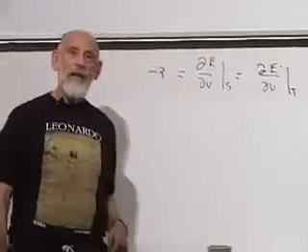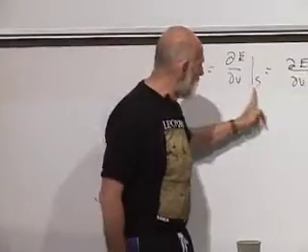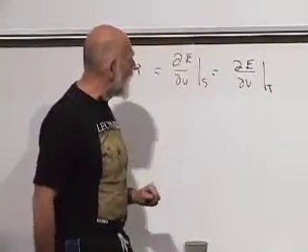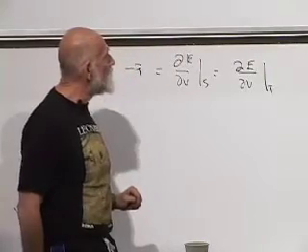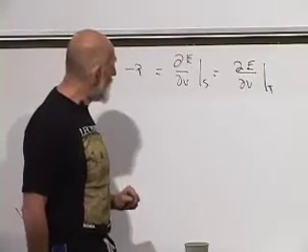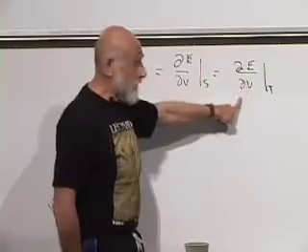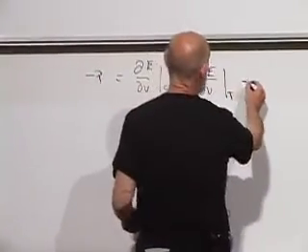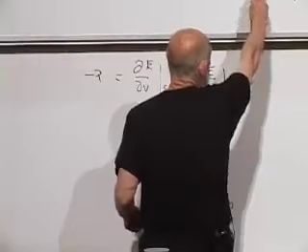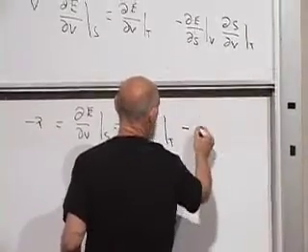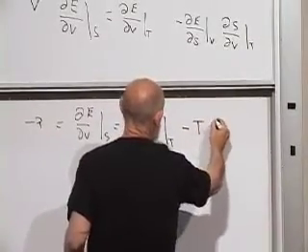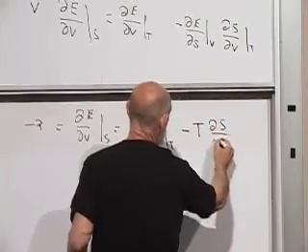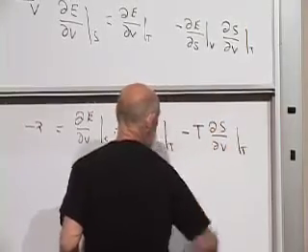Well, it's a lot easier to calculate things at fixed temperature than at fixed entropy, so that's a good sign. I just rewrote this over here. And then minus the temperature, dE by dS at fixed volume, times dS by dV at fixed temperature.